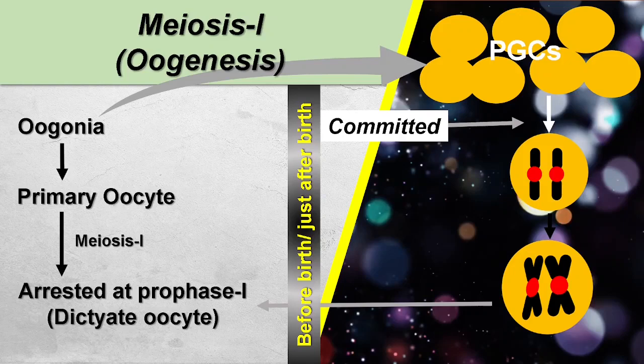This may occur before birth or just after birth. In many mammals it occurs before birth or just after birth. So at the time of birth there are no oogonia in the ovary. All the oogonia are converted into primary oocytes, arrested at prophase 1.